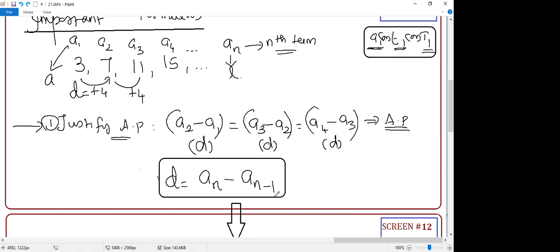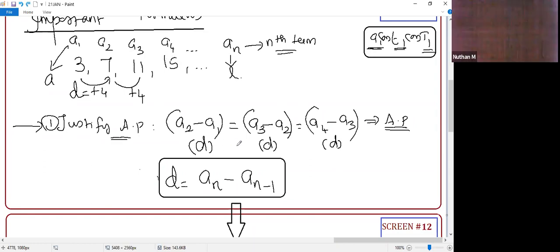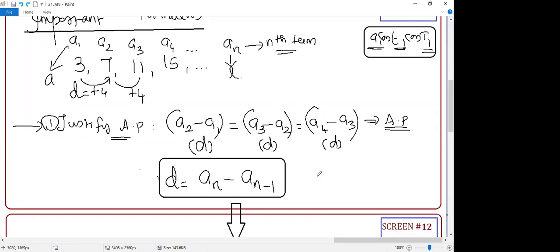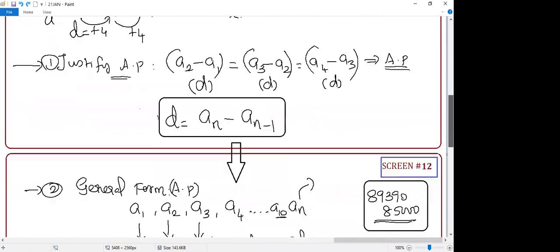Guys, it is not just telling the position. It is also saying that if you have till A4, then my last term is A4, which means this has 4 terms. So n has multiple meanings. One is position. Second is number of terms.